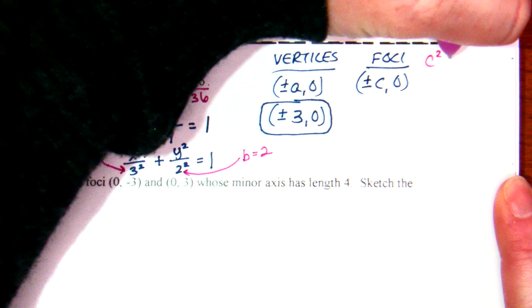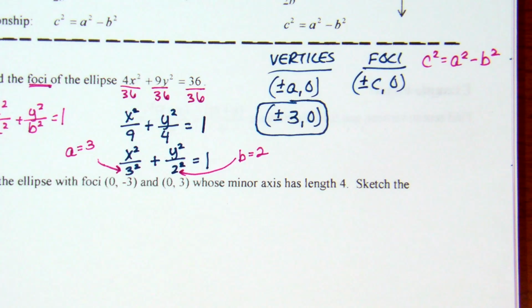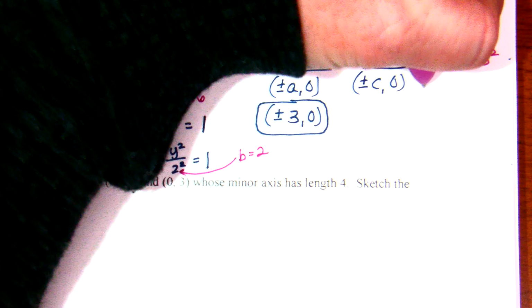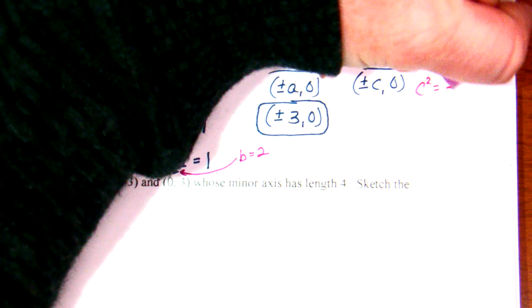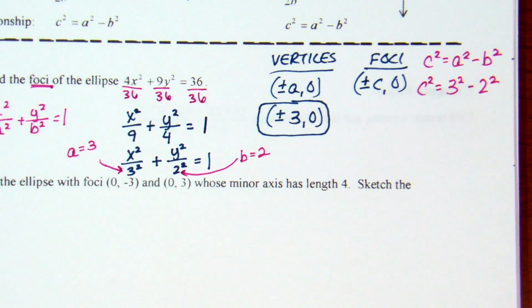And it will always be that for an ellipse. So if you haven't already done the math, do the math. C squared equals 3 squared minus 2 squared. 3 squared is 9, minus 2 squared is 4, 9 minus 4 is 5.